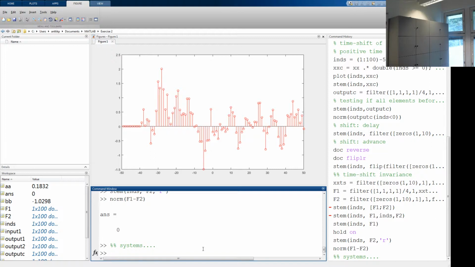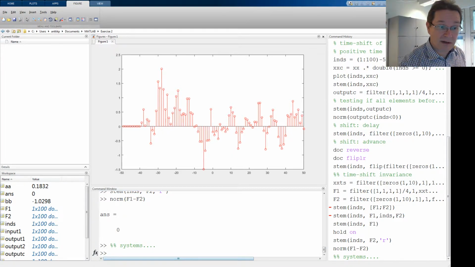If there's one delay, then 1/4 times that one, and then we have 1/4 times x n minus 2, 1/4 times x n minus 3. So basically you can get the same equation also the other way around. So it's actually a little bit easier just to read.